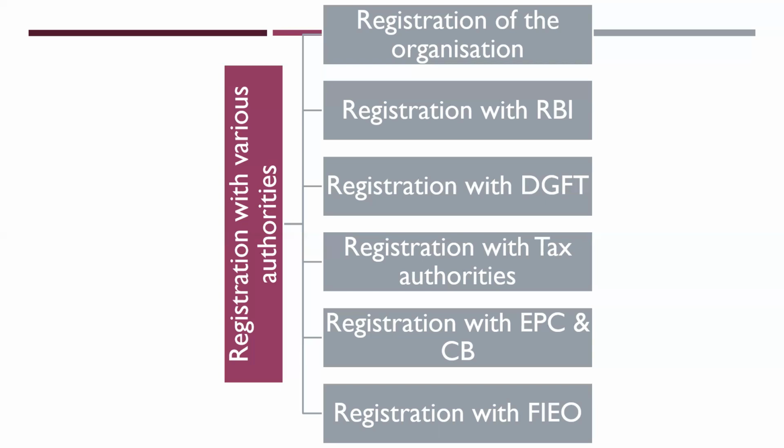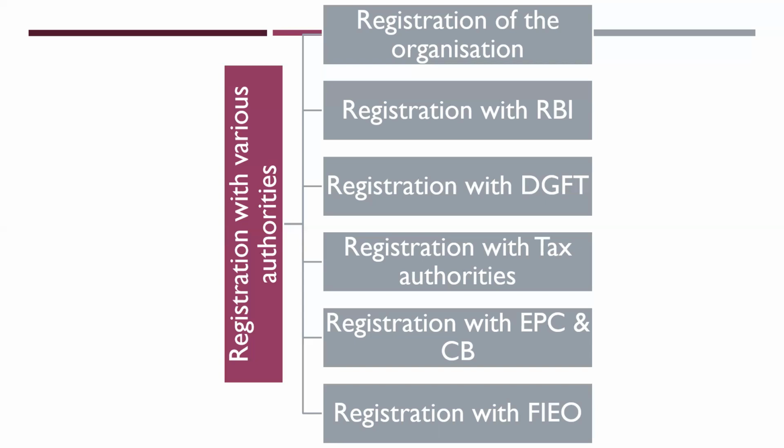Further, we have registration with DGFT, that is the Directorate General of Foreign Trade. DGFT has a lot of work under its purview, but the very important and basic task that DGFT does for the exporter is to give his IEC code number. What is the IEC code number? It is the Importer Exporter Code number.